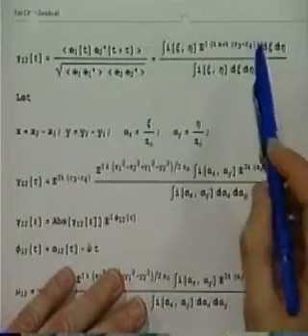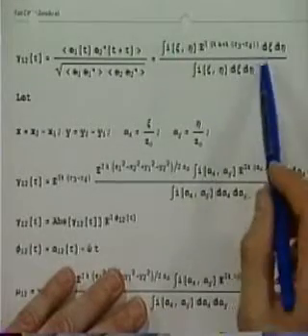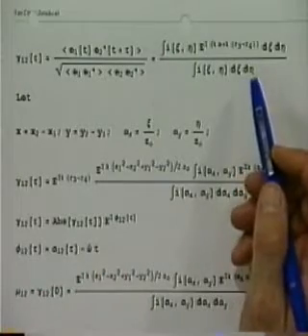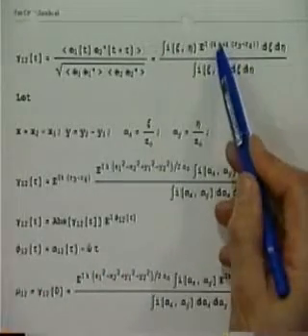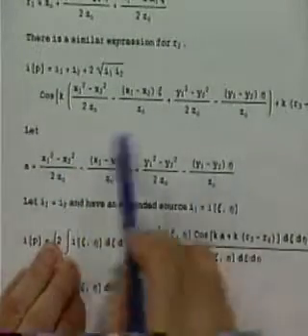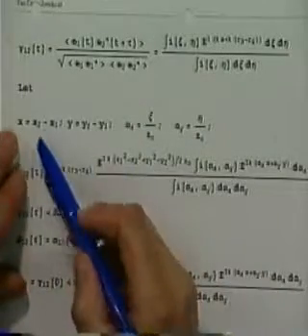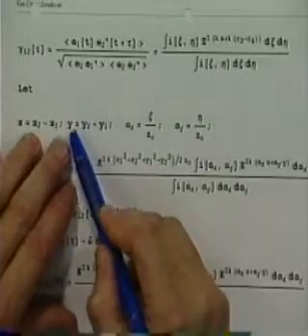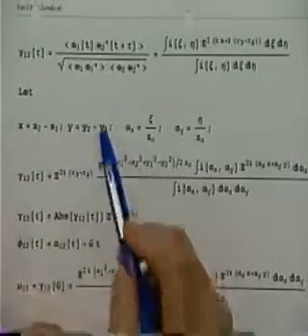Now what we're going to do is rewrite this a little bit, and we're going to go back. We want to play with A here. A was this mess we had right here. And one thing we're going to do is just say let x be equal to x2 minus x1. Let y be equal to y2 minus y1.